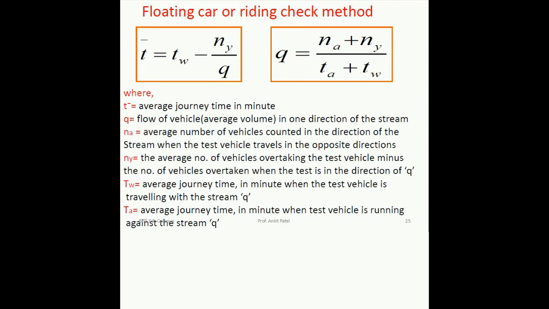NY is the average number of vehicles overtaking the test vehicle minus the number of vehicles overtaken when the test vehicle is in the direction of Q. TW is the average journey time in minutes when the test vehicle is traveling with the stream Q. TA is the average journey time in minutes when the test vehicle is running against the stream Q.